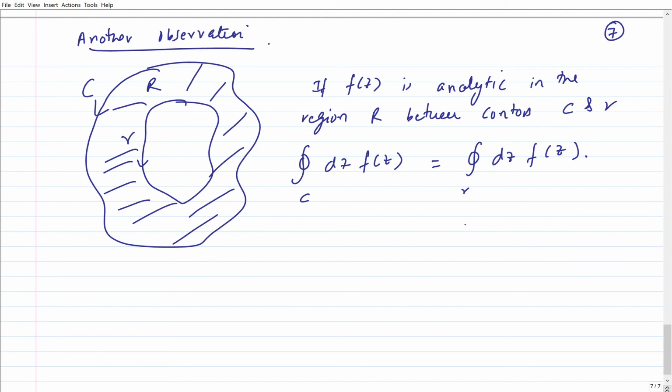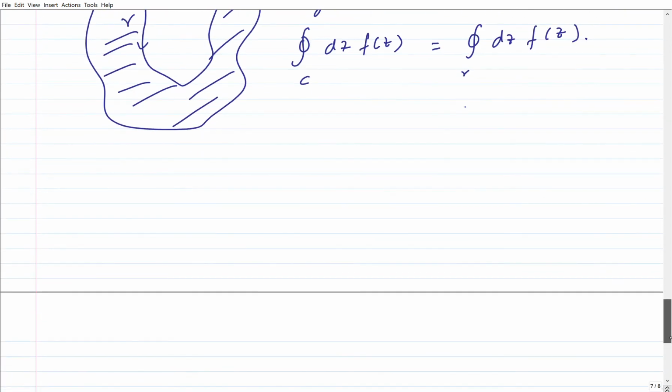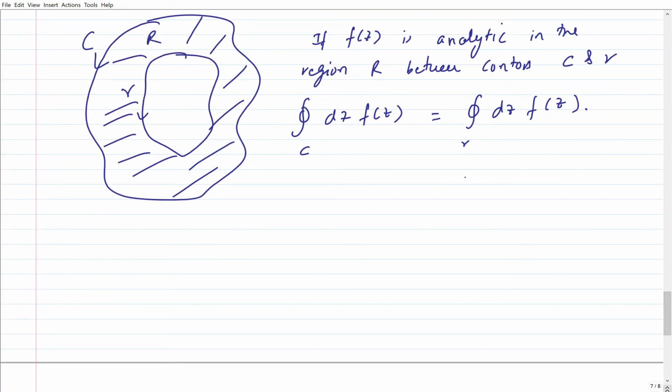So how do we show this? Well, we are going to use a similar method. I'm going to define my new path, which is traversing this contour, and then let's say it goes here, it goes here again.